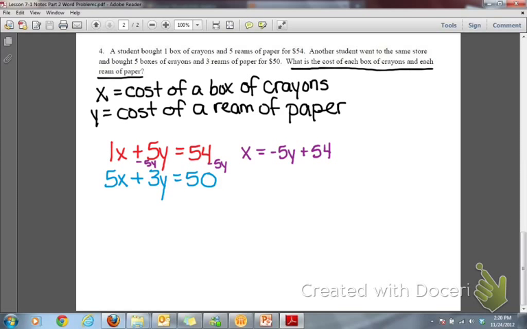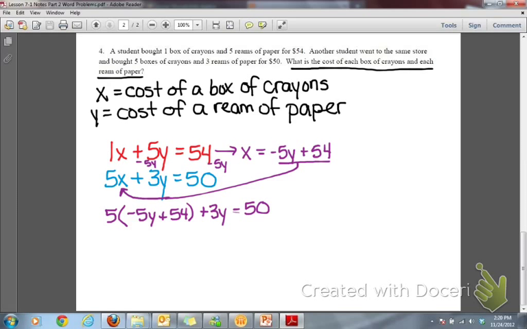But now that we have that equation solved for x, we take what x equals, we put it into the second equation, right where the x is. So that's going to become 5 times x, which is negative 5y plus 54, and then plus the 3y, that's still in the blue equation, and then equals 50.